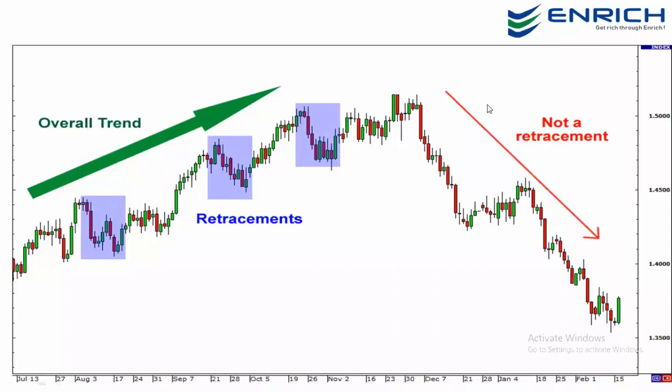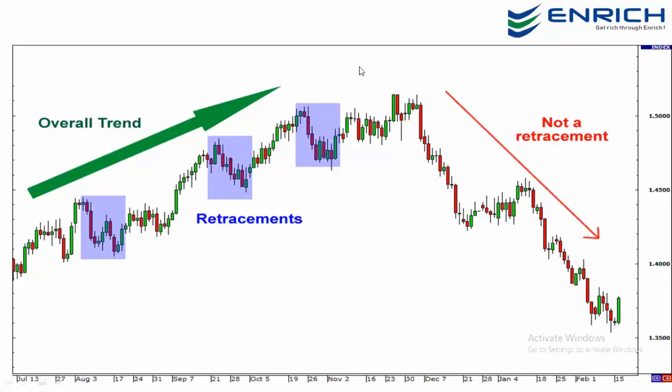Here you can see that there is a diagonal support line, and horizontal lines would be another support. If you see the shaded areas, the first thing you need to know is this is an overall uptrend.